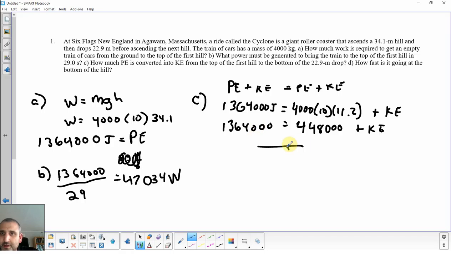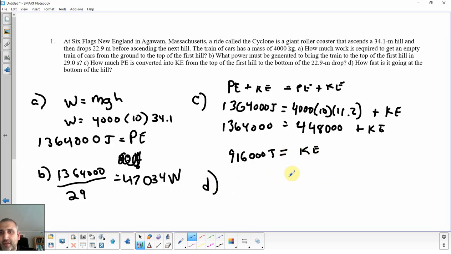We should end up with a kinetic energy of 916,000 joules. And then part D asks us, well, how fast is that?